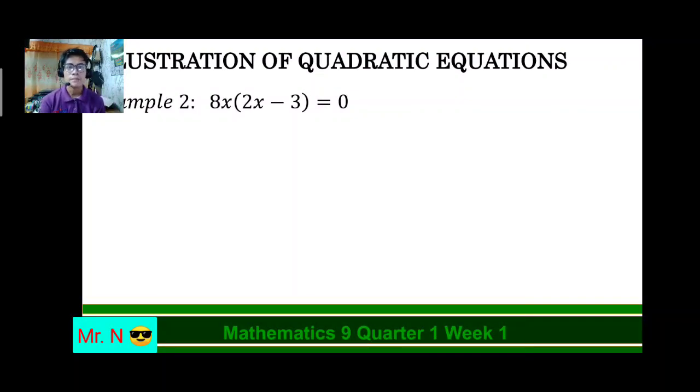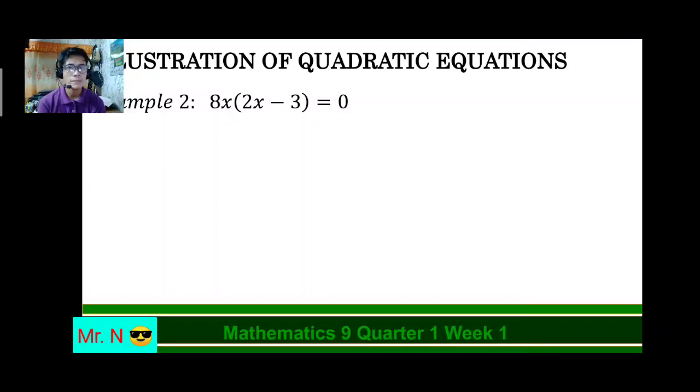8x times the quantity 2x minus 3 is equals to 0. Again, for us to be able to identify or rewrite this given equation into standard form, we should simplify first. So to simplify, we're going to distribute 8x to the terms inside the parentheses.